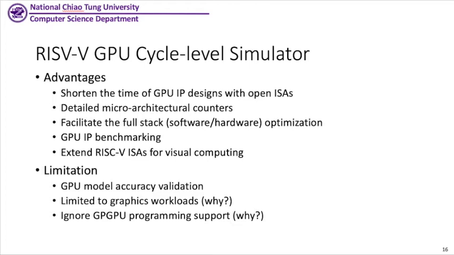As far as we know, the microarchitecture counters, such as the IPC and the cache miss rate, reflect the runtime characteristics of applications. This detailed architecture statistics also help us to explore the space for the optimization on software and hardware stack.